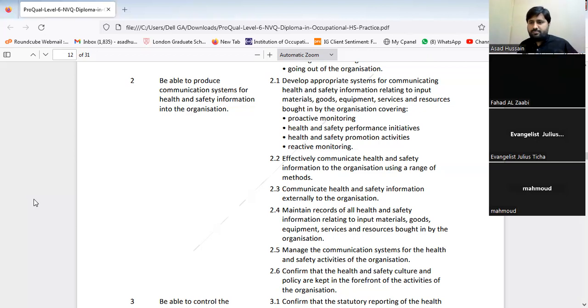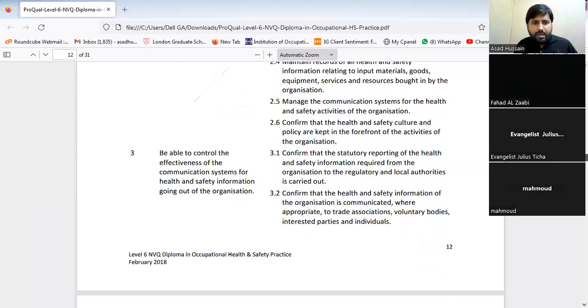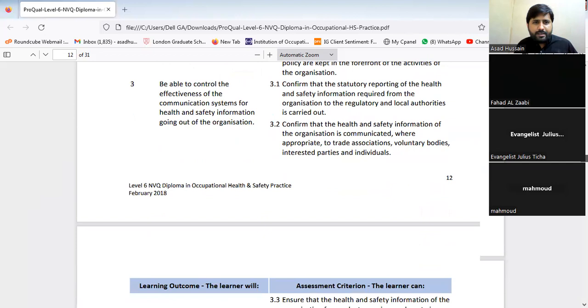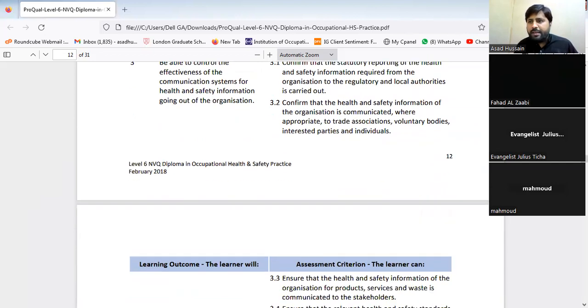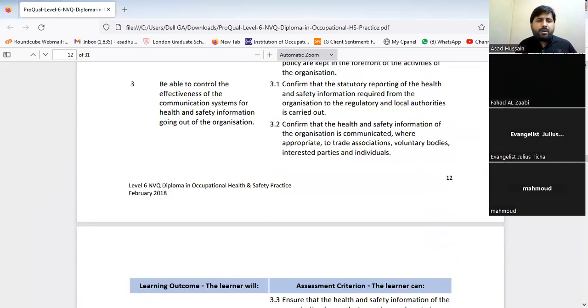Yes. Nice. Okay. Now, moving forward to learning outcome 3, LO3. What is it about? Be able to control the effectiveness of the communication systems for health and safety information going out of the organization.